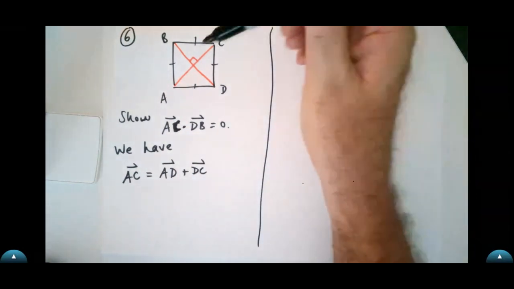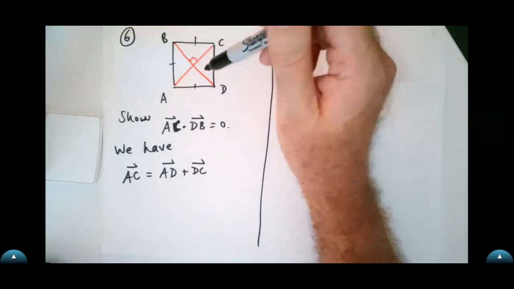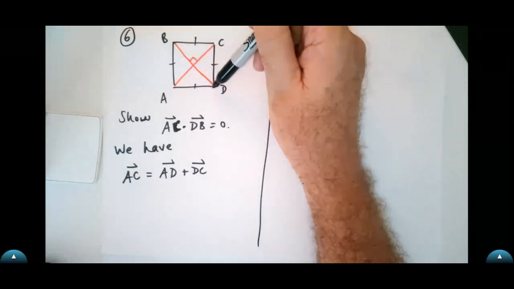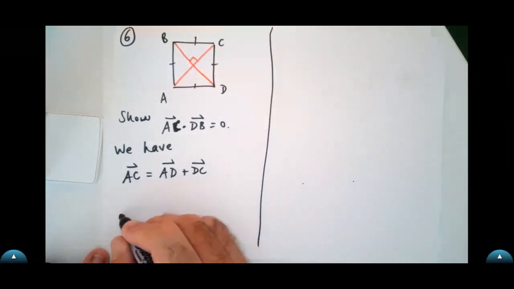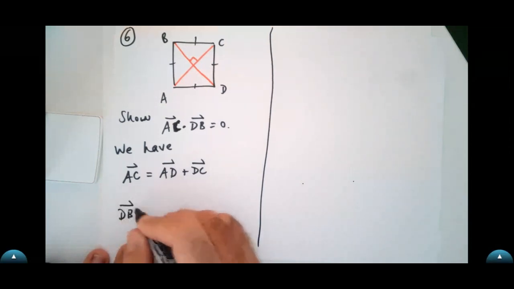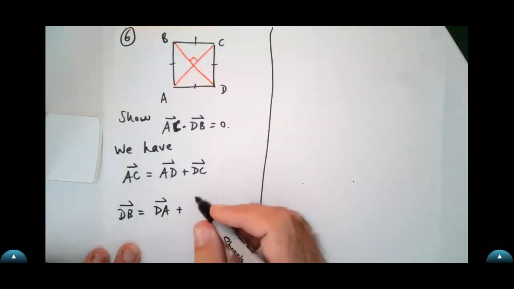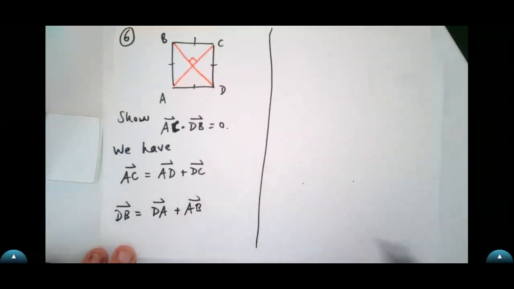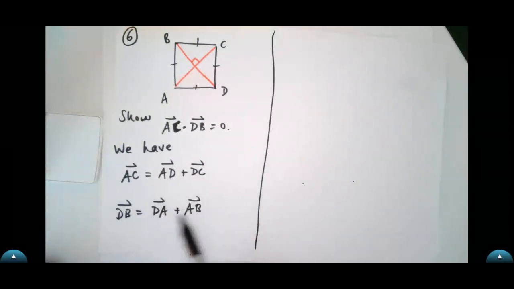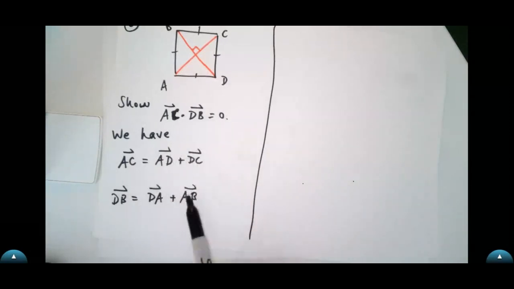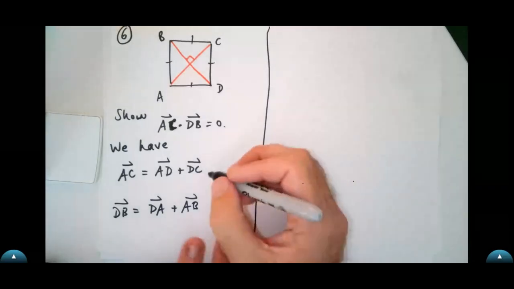Okay. And now let's look at the vector DB. Well, that's just the vector DA plus the vector AB. So this is just the triangle rule of addition. So what I'm going to do up here, I'm just going to write these in terms of these things, because it's going to simplify some of our calculations.